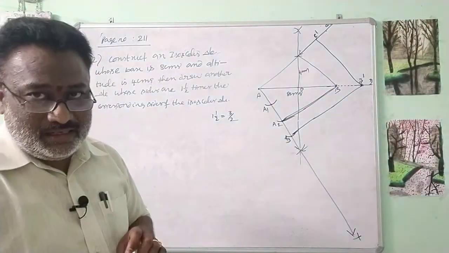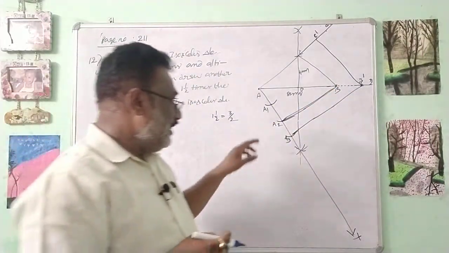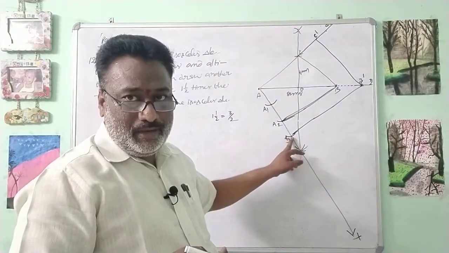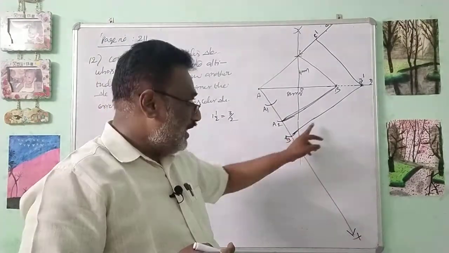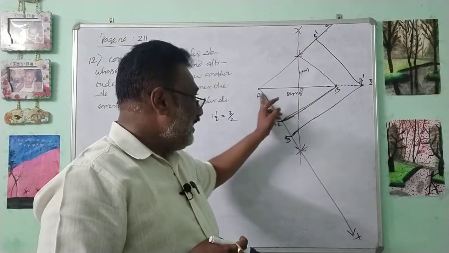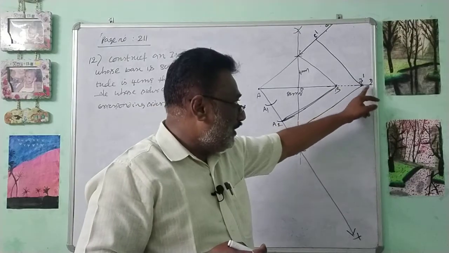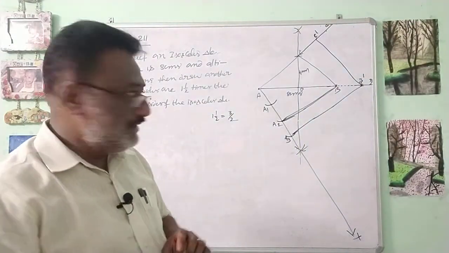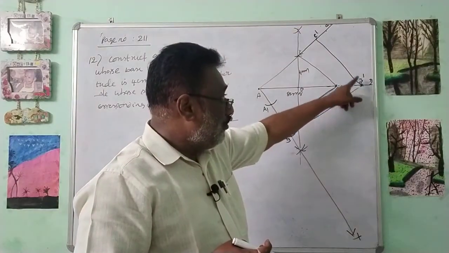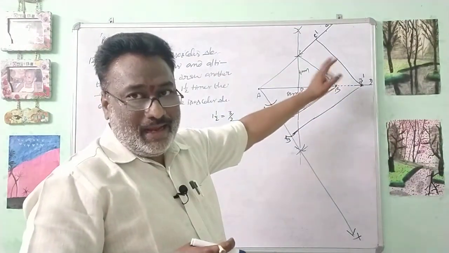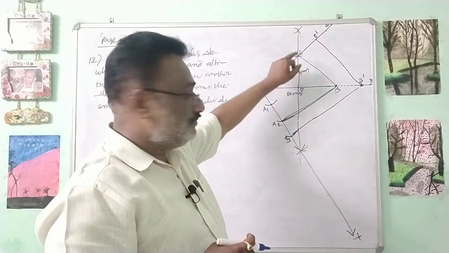Let me explain one more time. Through A3, we need to draw a parallel line to AB to meet AB extending up to D in B dash. That's all. After that, through B dash, one more parallel line we need to draw. What is that? BC.